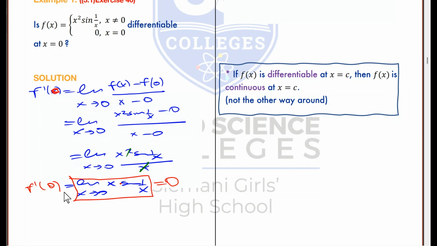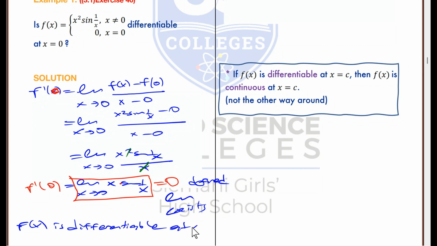So the derivative is defined. Derivative is defined, limit exists. So we can say, since there is a derivative, this function is differentiable at x equals 0. All right.